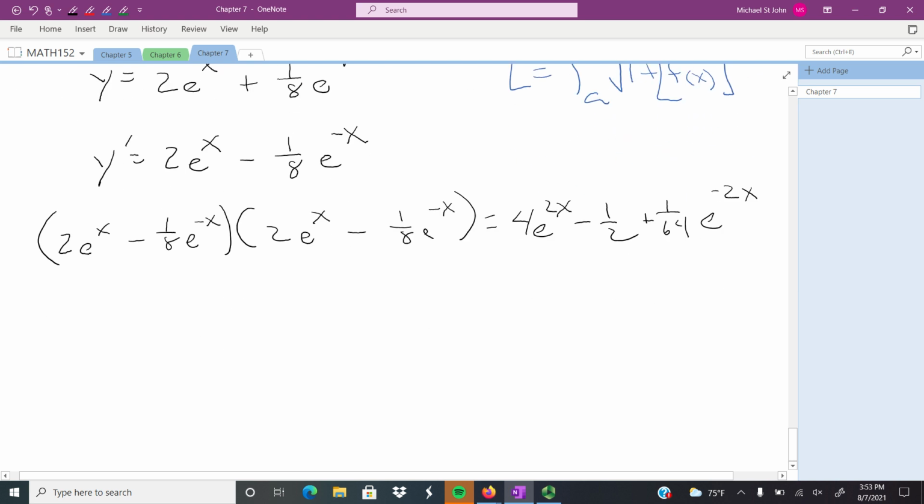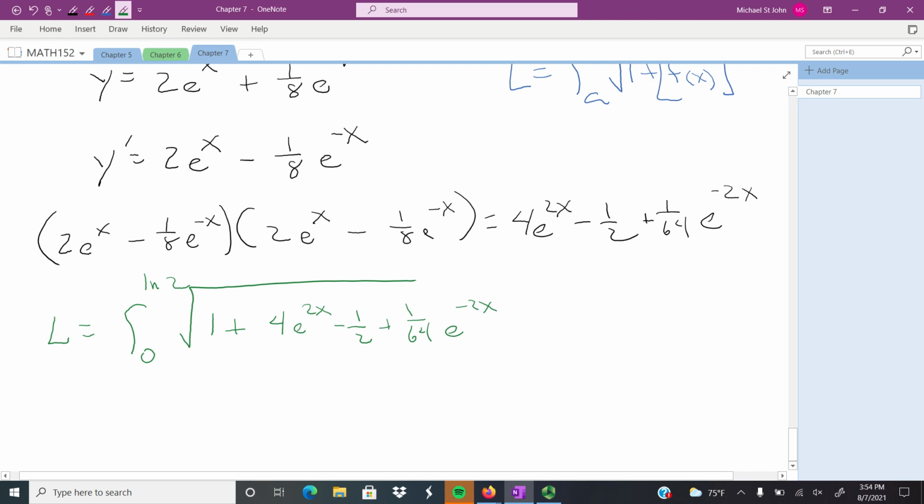So now we can use our formula. And so now we have that L is going to be the integral from 0 to the natural log of 2 of the square root of 1 plus 4 e to the 2x minus 1/2 plus 1 over 64 e to the minus 2x.